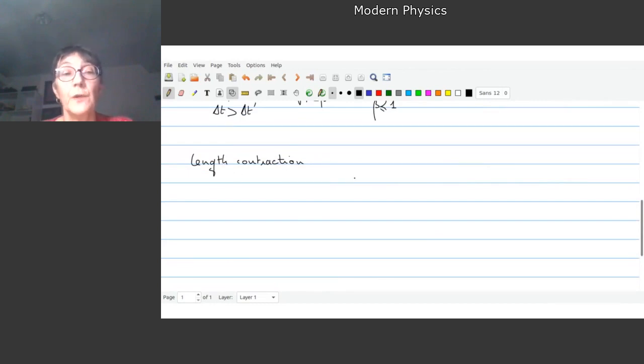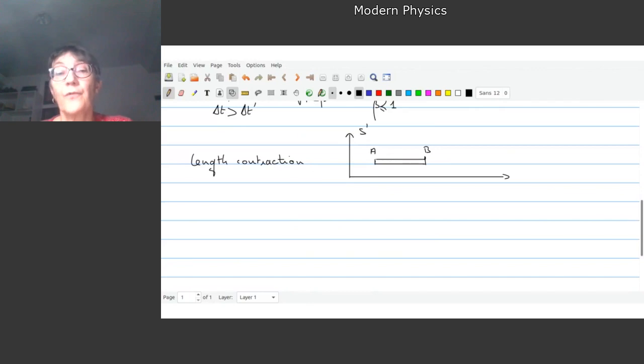Length contraction. You have something like this, a bar with two extremities, A and B. I will measure this in the referential S prime, which is the reference frame of the train.